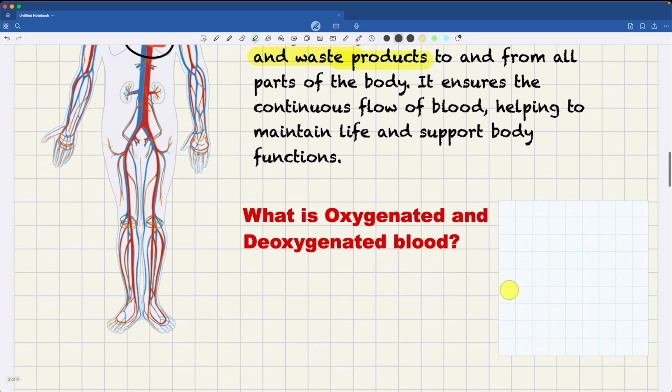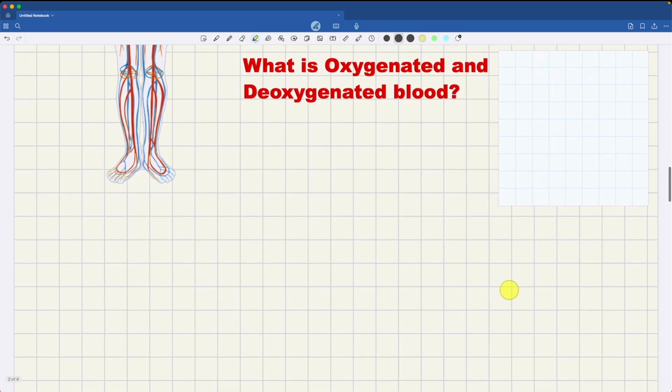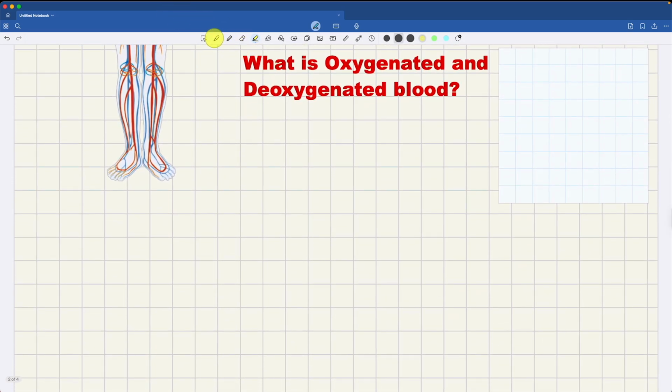Now let's look at what oxygenated blood and deoxygenated blood are. So the big question is, what is oxygenated blood? Oxygenated blood is blood which is rich in oxygen. So let's write the definition.